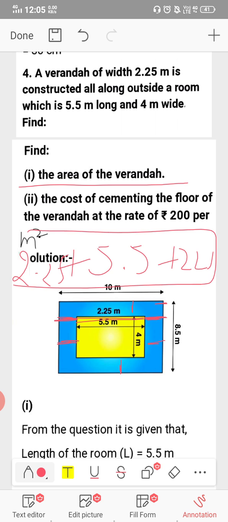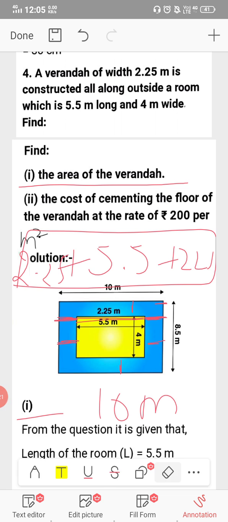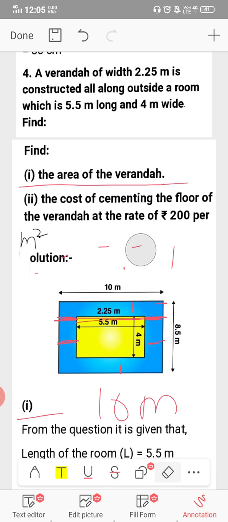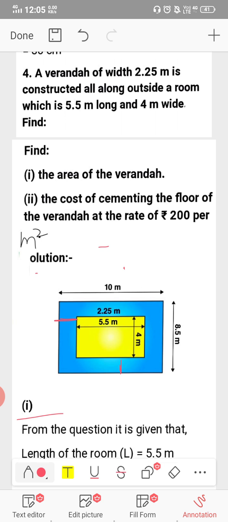Now add all these three dimensions and it will give us 10 meters. It means the length of the new area of veranda along with the room will be equal to 10 meters, and the new breadth will be equal to 4 plus 2.25 from this side and 2.25 from this side.